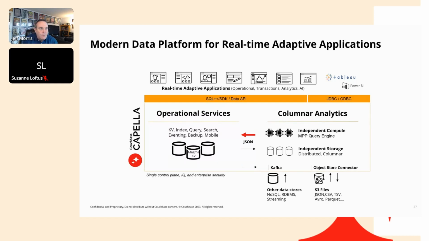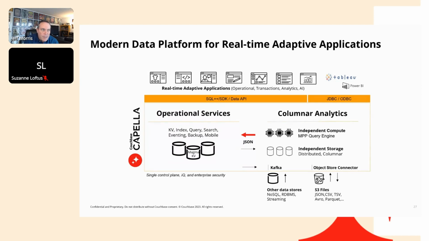That is when we can write back into the Couchbase key value store, the Magma key value store for all of the operational services, from the columnar analytic engine. So it talks to in memory in real time when it's got a new value that it's calculated. It can put that into a new field in a document, for example, or a new field in the underlying key value store.